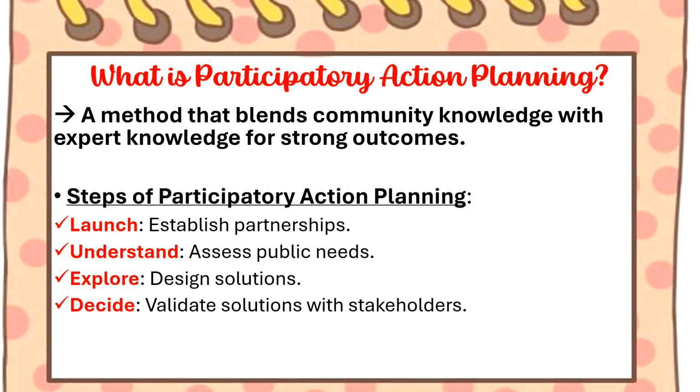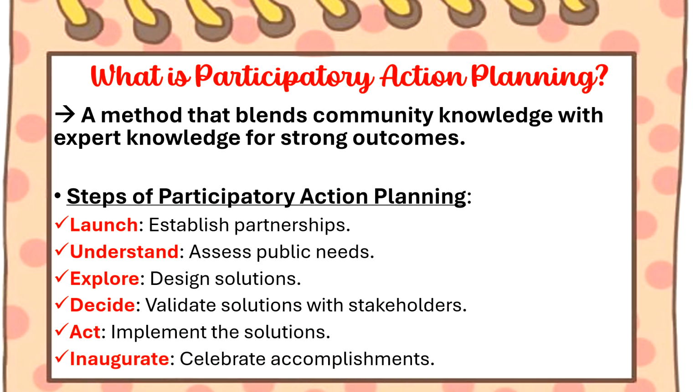Decide. Validate solutions with stakeholders. Present your plan to the community for feedback before finalizing. Act. Implement the solutions. Carry out the project, such as organizing a feeding program or health campaign.